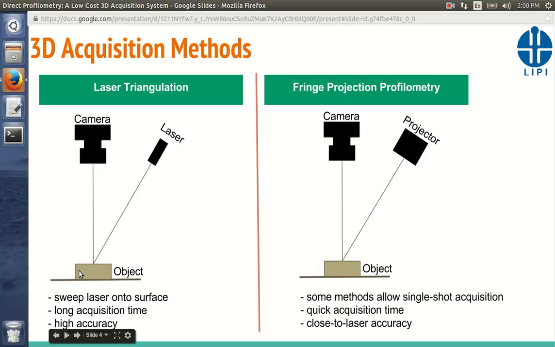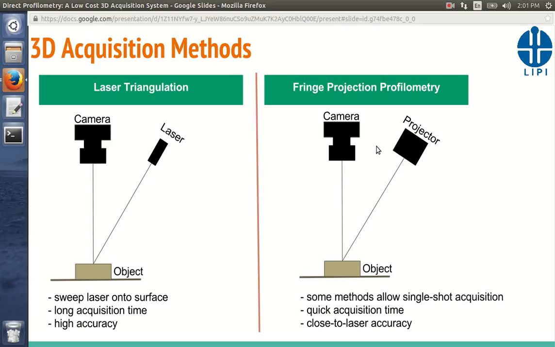Because of the surface profile, the laser will be deformed, and the processing device or computer will transform the deformation of the laser into height information. Because we have to sweep the laser onto the surface, the acquisition time will be long, but we have high accuracy.